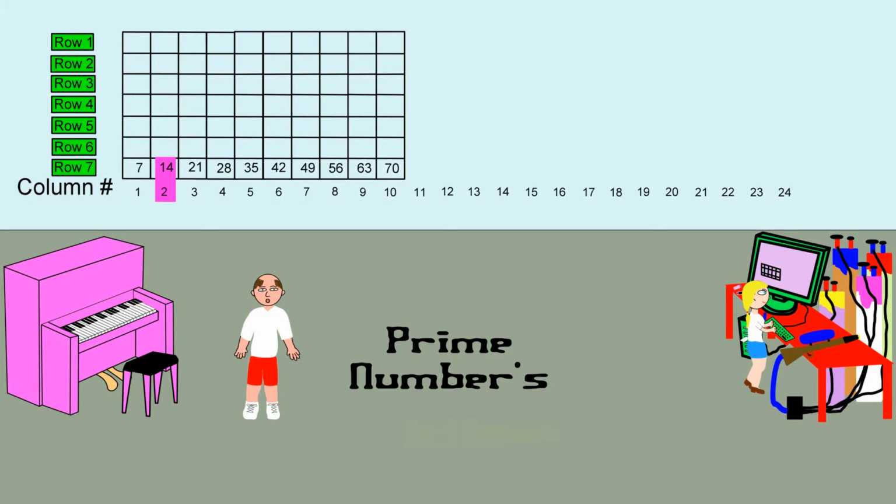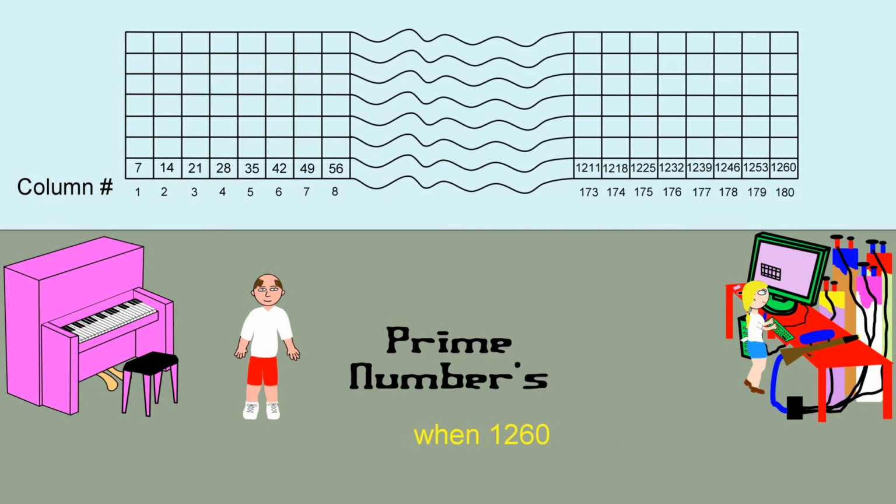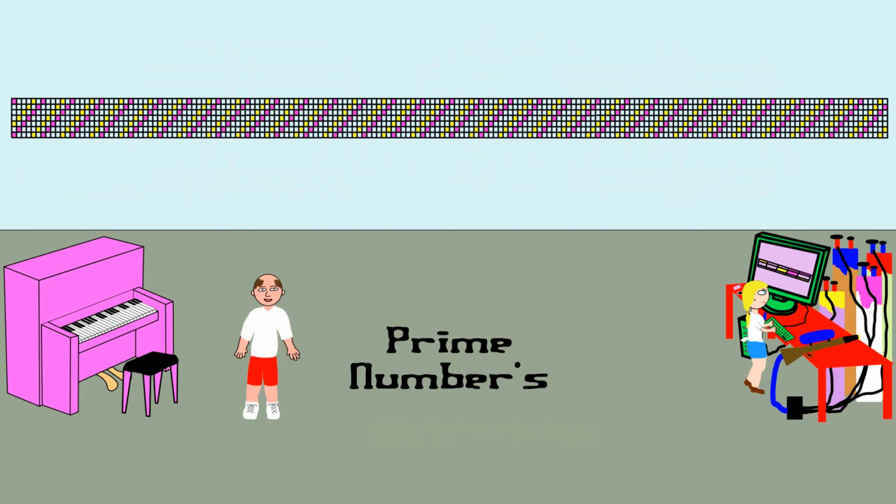Second column, 2 times 7, 14. 3 times 7, 21. 4 times 7, 28, and on down the grid. Now we want to get to the grid number 1260. When 1260 is divided by 7, we get 180. So the grid should be 180 columns long. This is a 180 column grid.